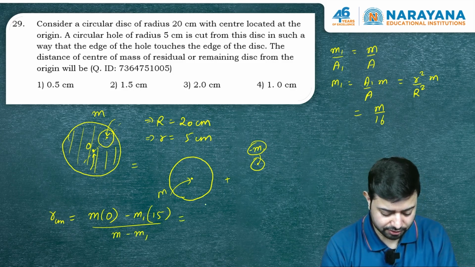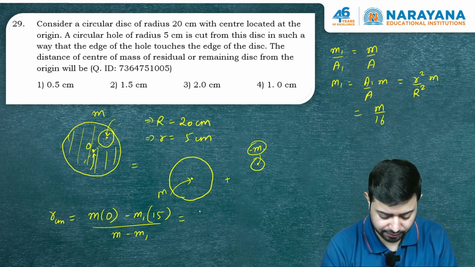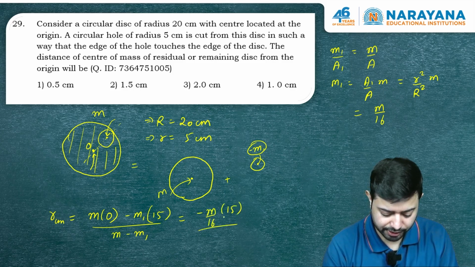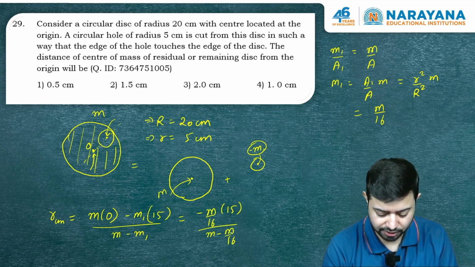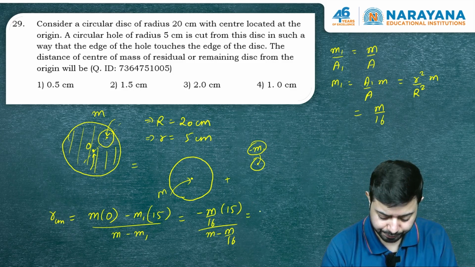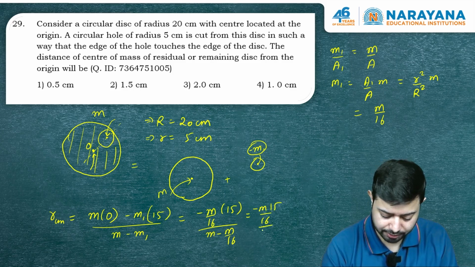The numerator is minus m1, which is m by 16, into 15, divided by m minus m by 16. So 16 minus 1 is 15, and this will become minus m 15 by 16 divided by 15 m by 16. So this is cancelled.